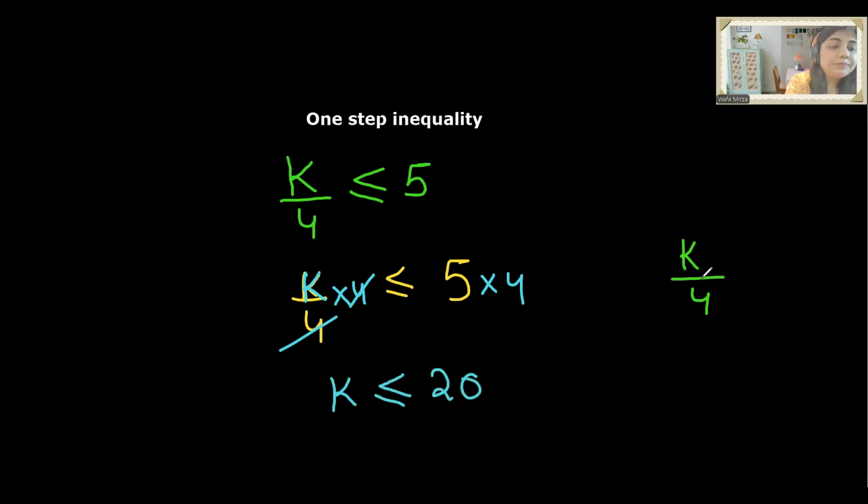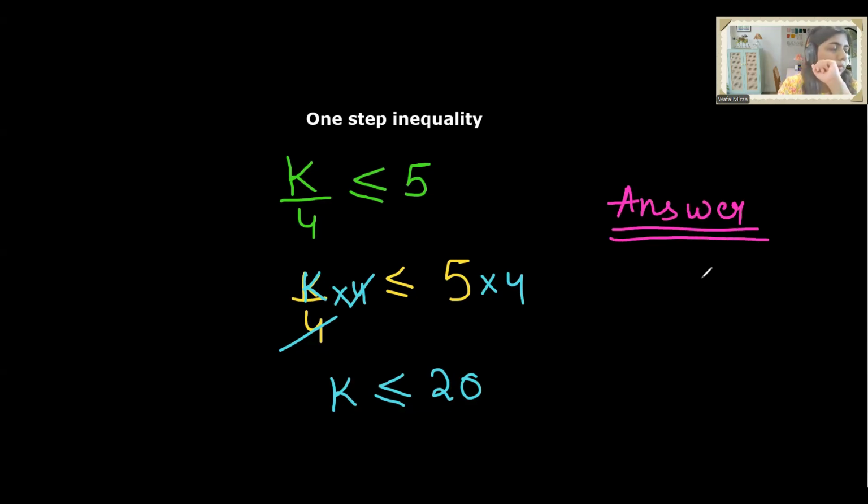Right? So now we will write the answer. First, we will show the answer on the number line. So I will draw the number line. I will mark here 20. Now what I am saying is that k can have any value less than 20.